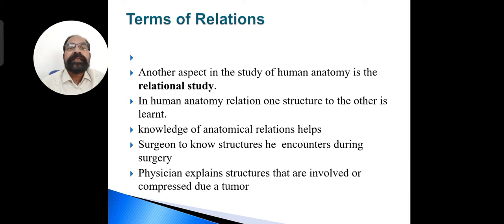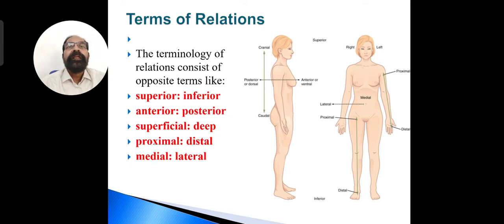For example, a surgeon knows the structures he encounters during surgery because of anatomical relations. In a similar way, it explains structures that can be involved or compressed due to a tumor. So, the terms of relations.